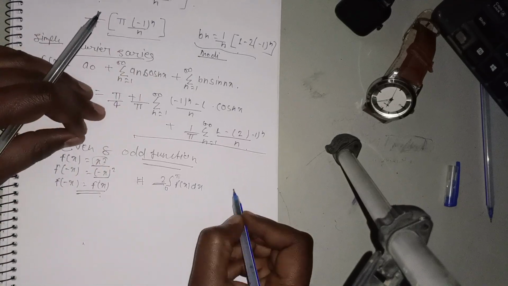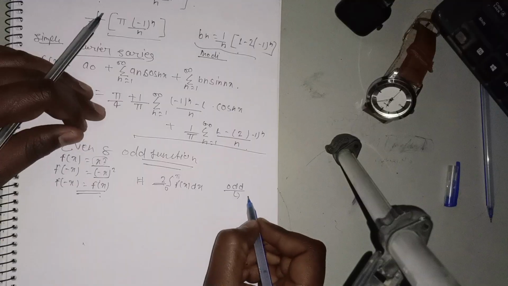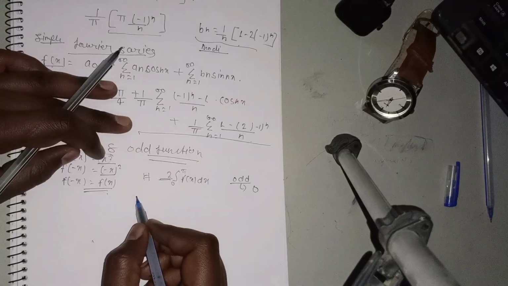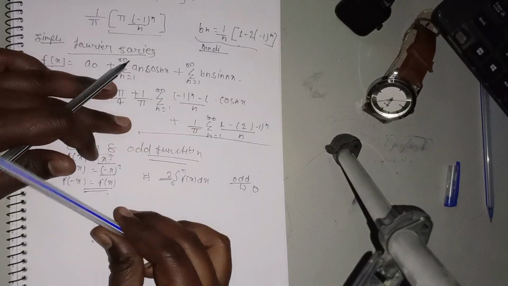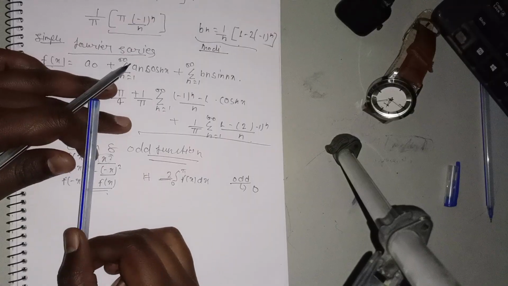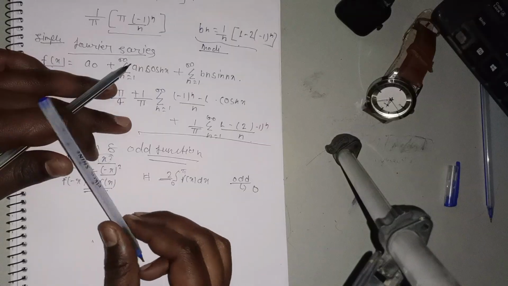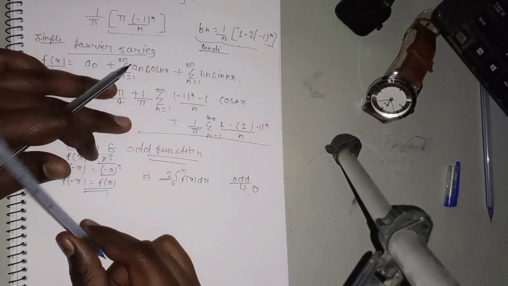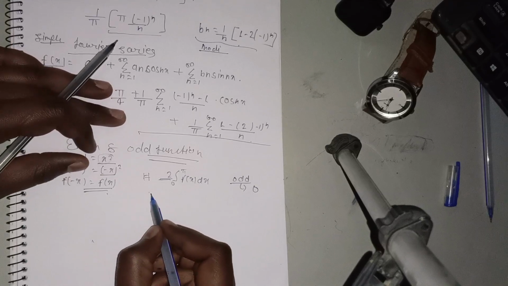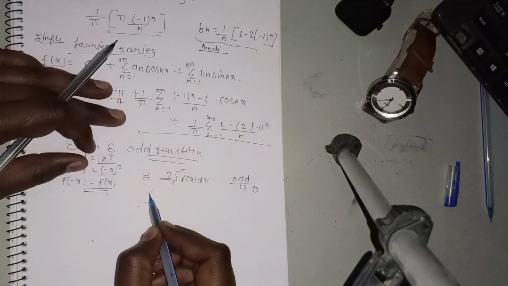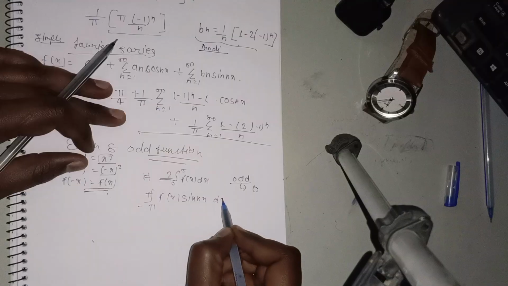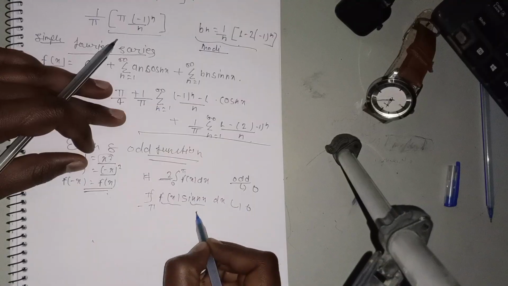If we are getting odd, then the integration will be 0, which I have told you already. Suppose it is an odd function, if it is given integration minus pi to pi f of x sin nx dx, it is 0 just because of the odd function. Okay, odd function.